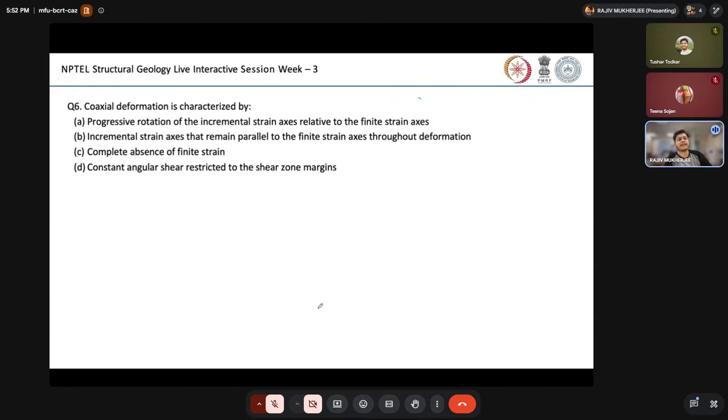Option B, incremental strain axes that remain parallel to the finite strain axis throughout deformation. Option C, complete absence of finite strain. Option D, constant angular shear restricted to the shear zone margins. Now, what will be the correct answer in this case?